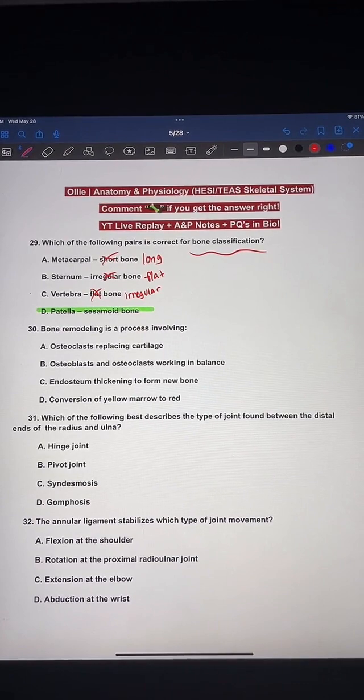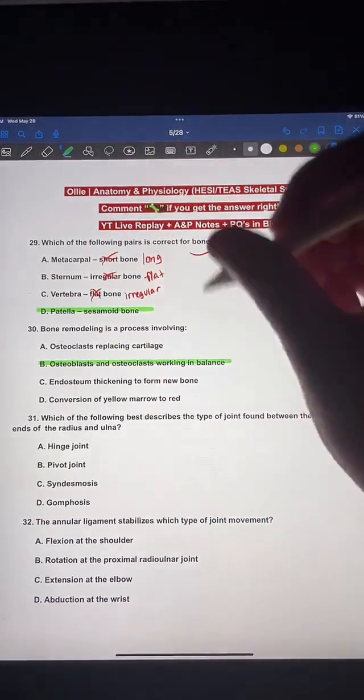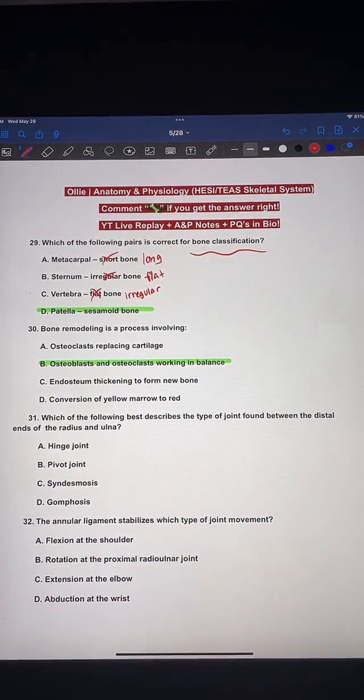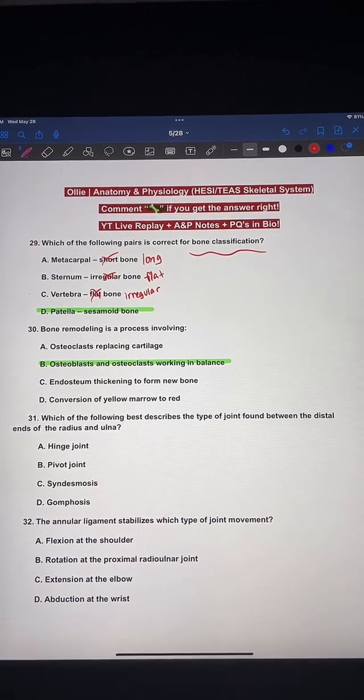All right, so the answer for number 30 is B. Bone remodeling is where we have osteoblasts and osteoclasts working in balance. So bone homeostasis, essentially the specific amount of calcium in the blood, and that's stored in your bones and forms your bones, depends on the balance.